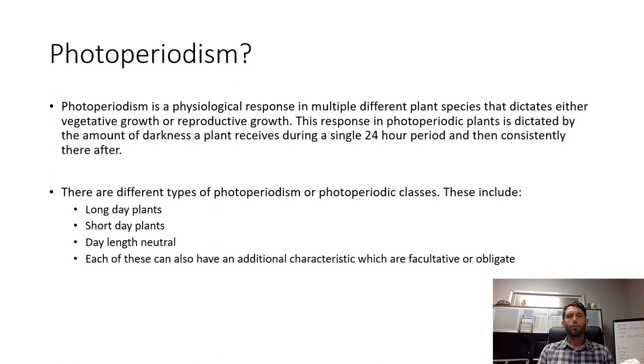There are different types of photoperiodic classes, and these classes include long day plants, short day plants, day length neutral. Cannabis falls into the short day plant category.